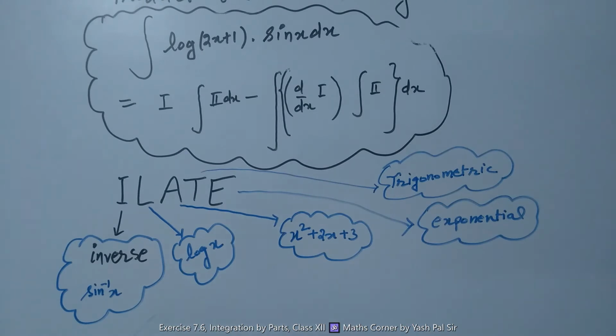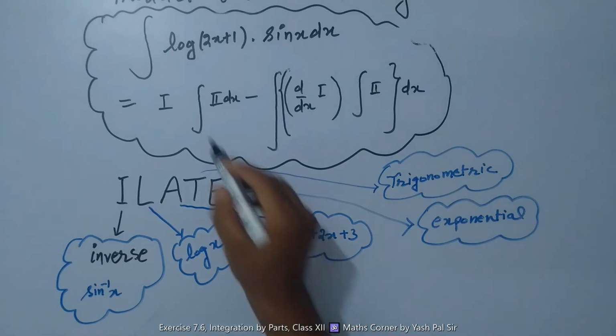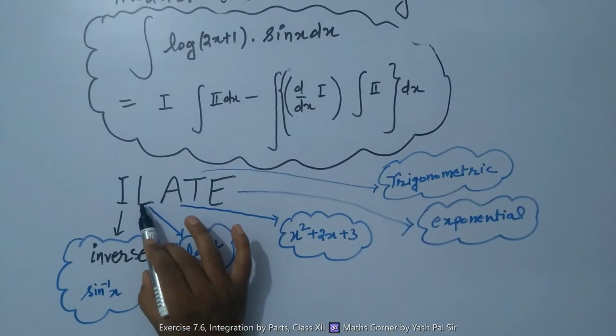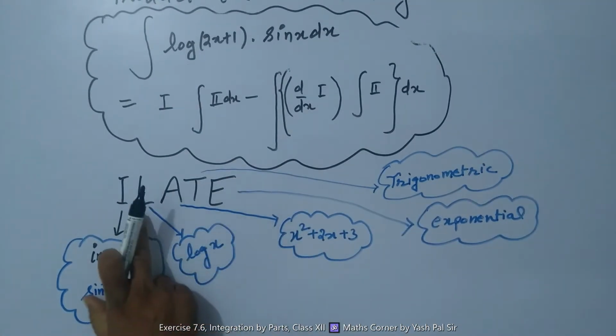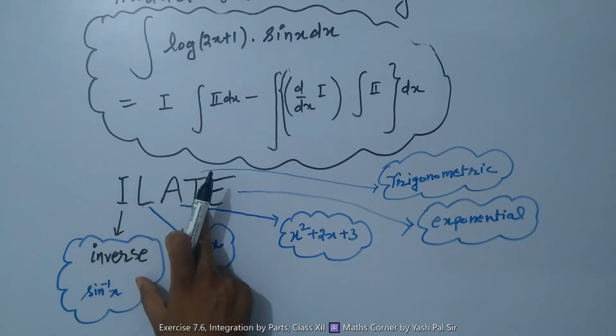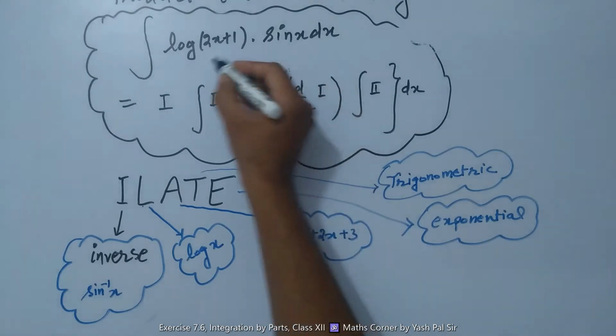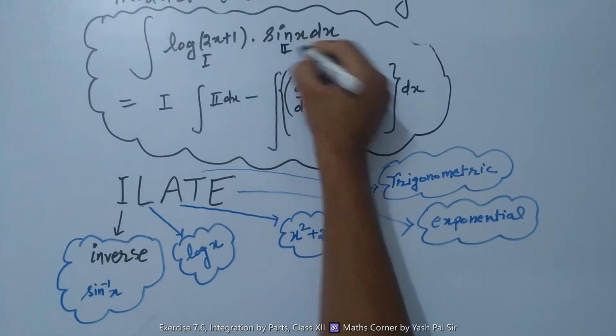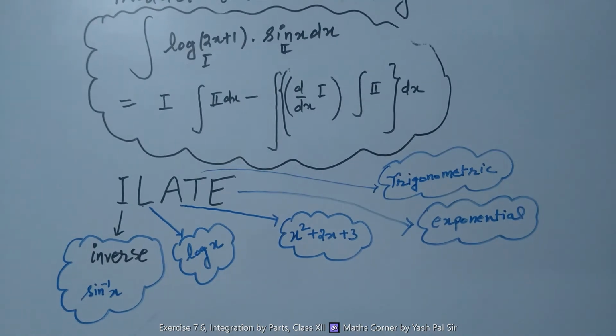So which is the first function here for calculation purposes? Logarithmic function comes at second place, trigonometric functions come at fourth place. So accordingly this should be the first function and this is the second function. So let us proceed with the exercise now.